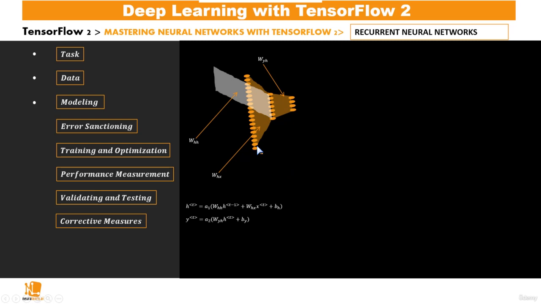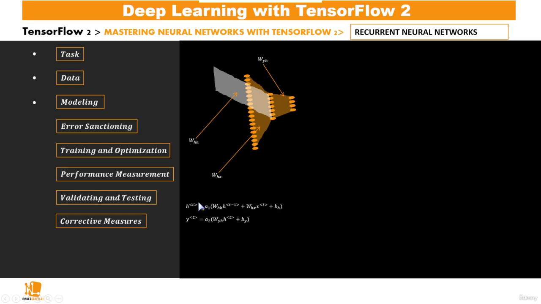So basically, these are the kind of neural networks we had seen previously, with the difference that they have been linked together via this other network which connects their hidden layers. Now, to obtain each hidden layer, as you can see clearly here, we have WHH times the previous hidden layer.